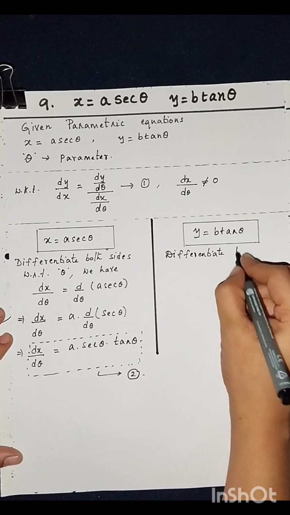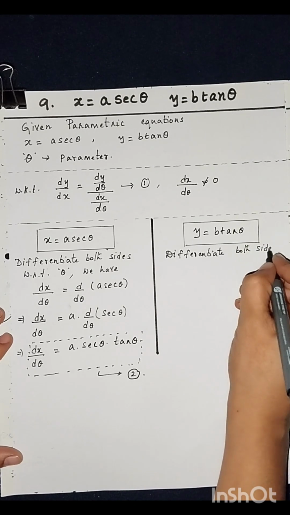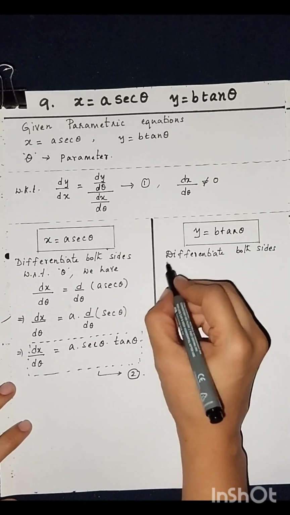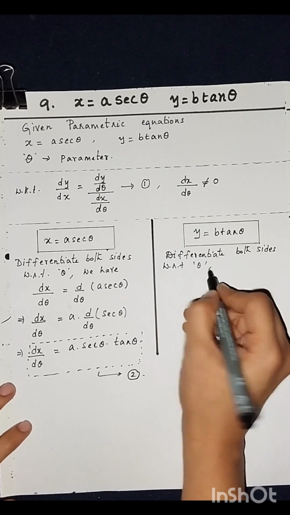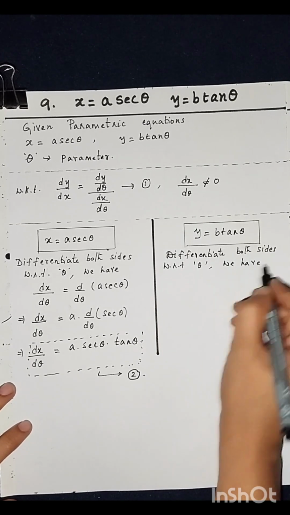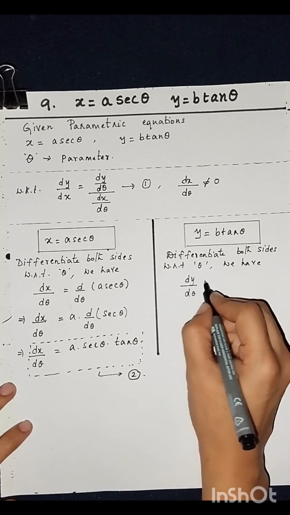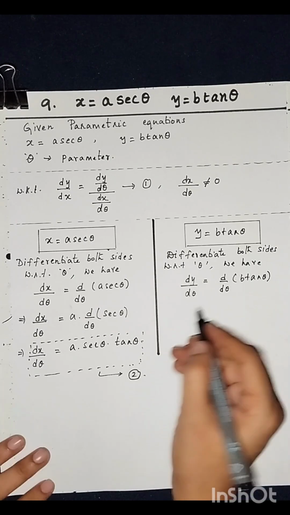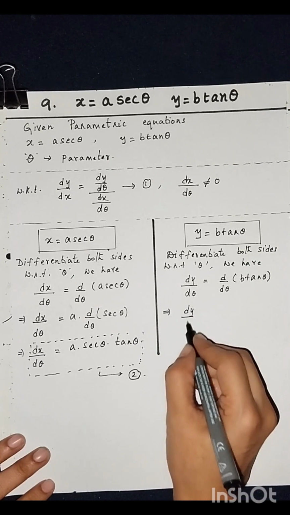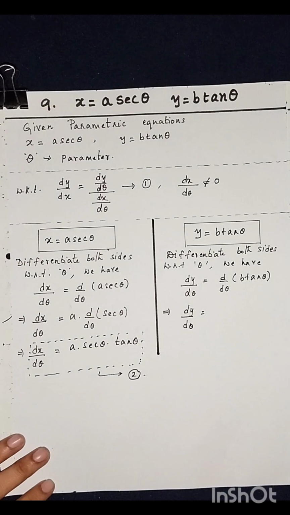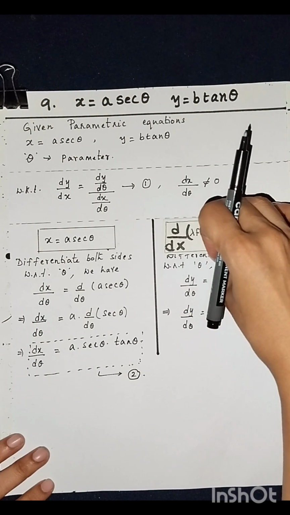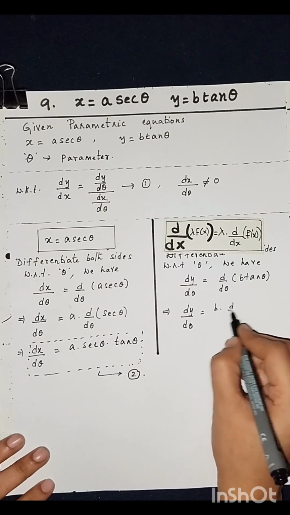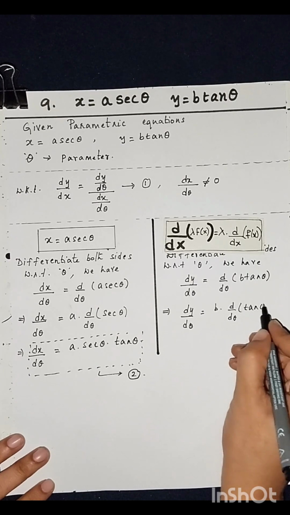Now we will differentiate y is equal to b tan theta. So differentiate both sides with respect to theta. So we have dy by d theta is equal to d by d theta of b tan theta. So this implies dy by d theta is equal to derivative of constant into function, so we will write constant into derivative of the function.